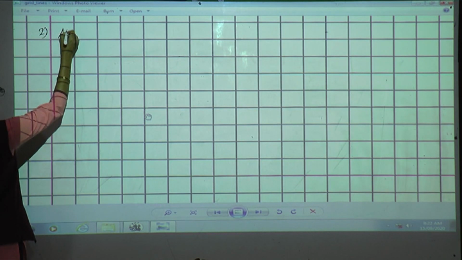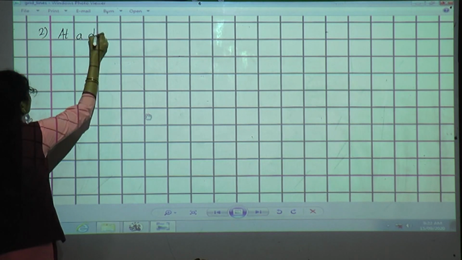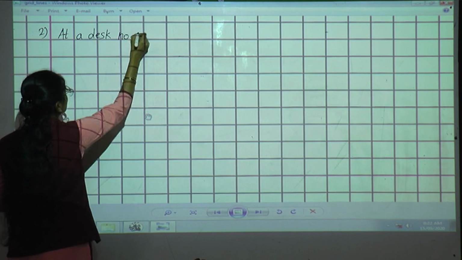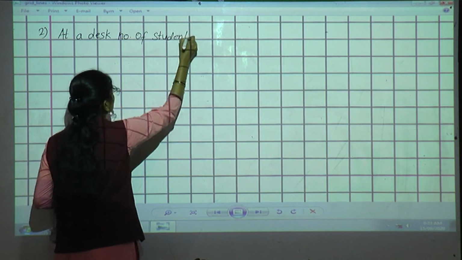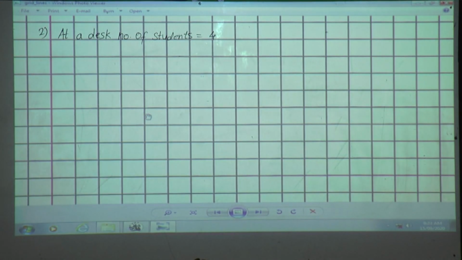At one desk, number of students 4. On one bench 4 students can sit. How many desks are needed for 64 children?